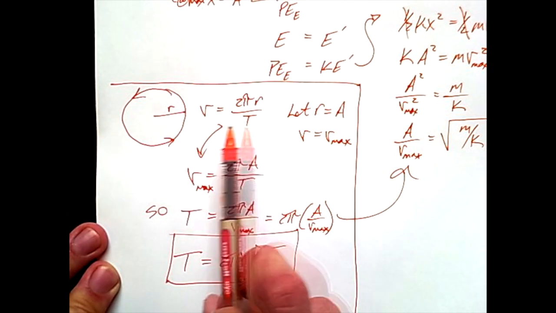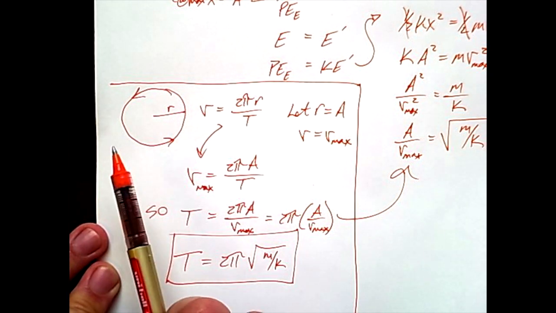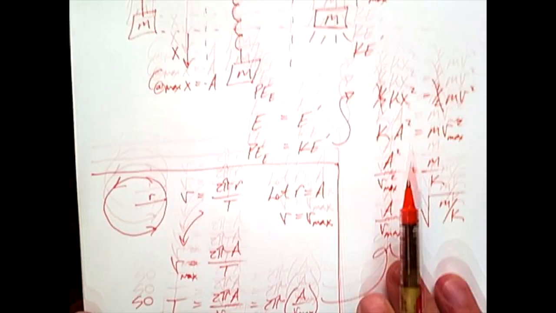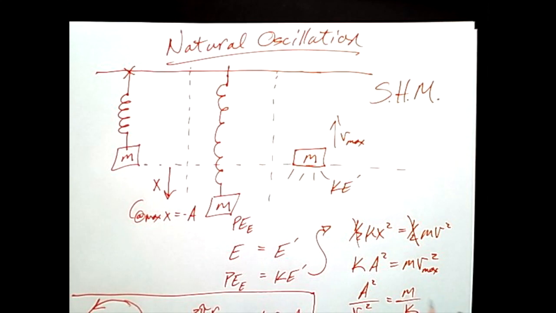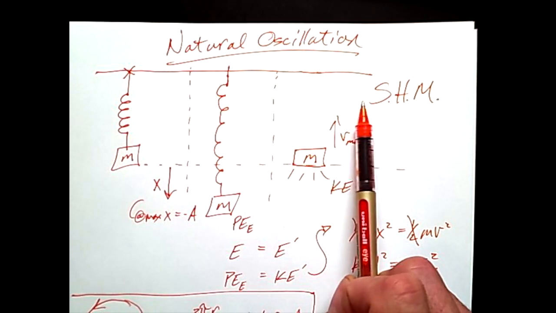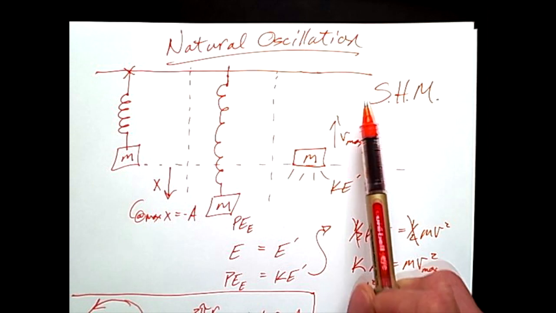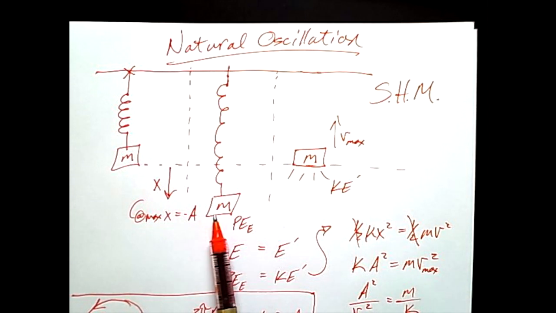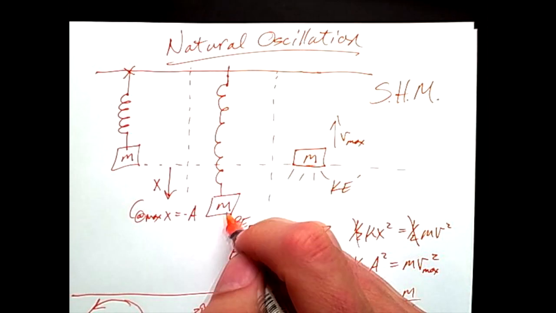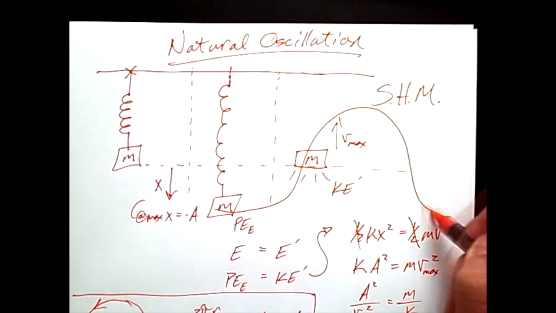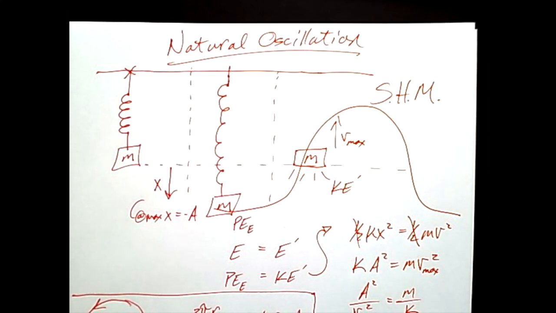And of course, the period of a rotating system is a fairly easy idea. However, if we go back to the top and think about this natural oscillation, the time it takes for this to oscillate up past its equilibrium position, back up to the highest point, back down to the middle, and then back down to where this mass would be, that would be one complete oscillation, right? One wave, as it were.